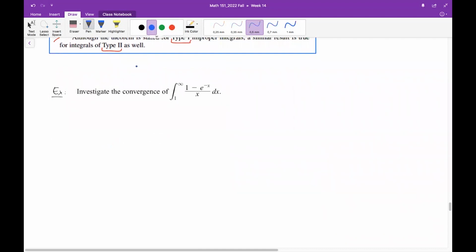So you remember we also covered direct comparison tests to use for such questions. Let's first try to use the direct comparison test and see why it does not work here. Okay, you can compare this quotient with this one, right?